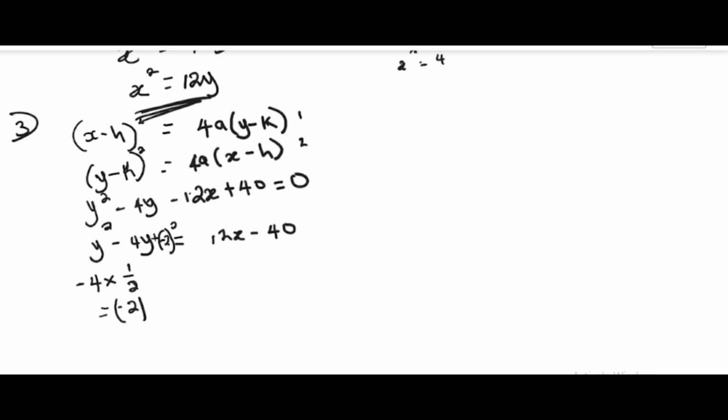Now this minus 2 squared is 4. So now if I pick the squares on the left-hand side, I will have that (y minus 2) all squared is equal to, sorry, this is 4 and not 40, 12x minus 36.